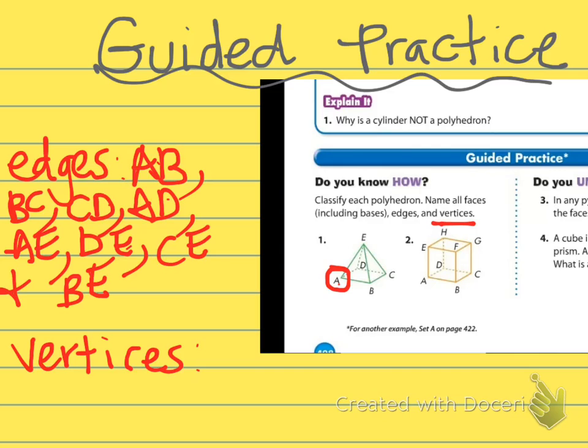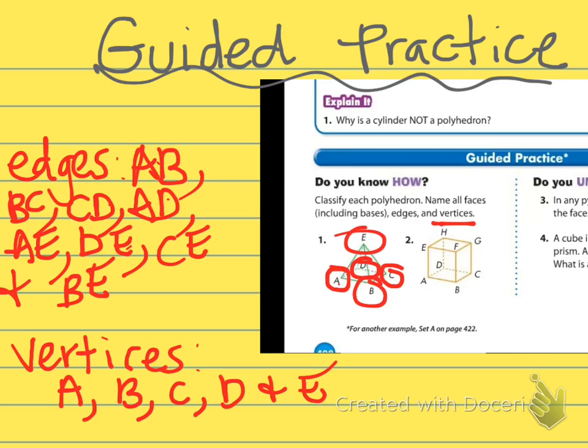So the vertices for this shape are A, B, C, D, and E. And there you go. That is how we classify, and name the faces, edges, and vertices. If you have any questions, feel free to contact your teacher, ask your partner, whatever you have to do to be successful.